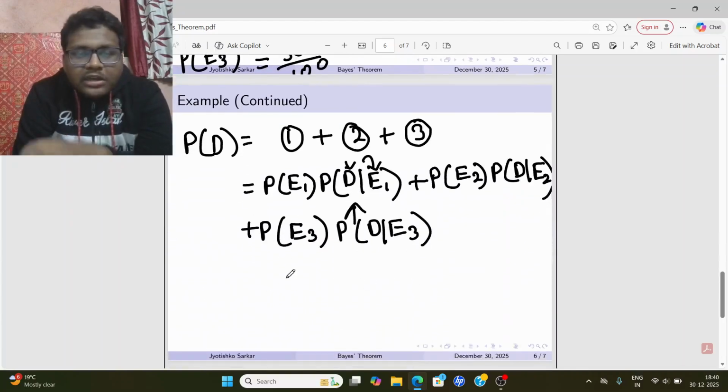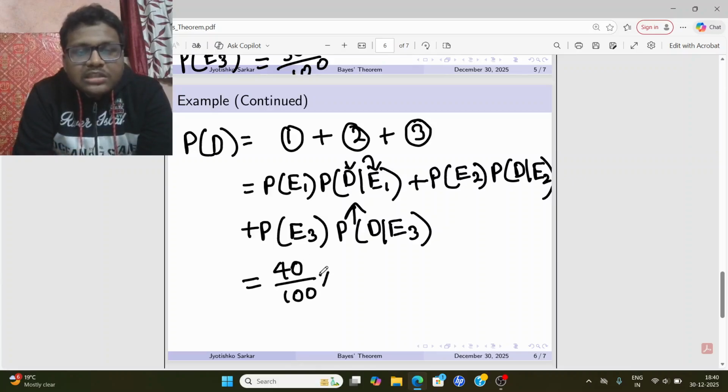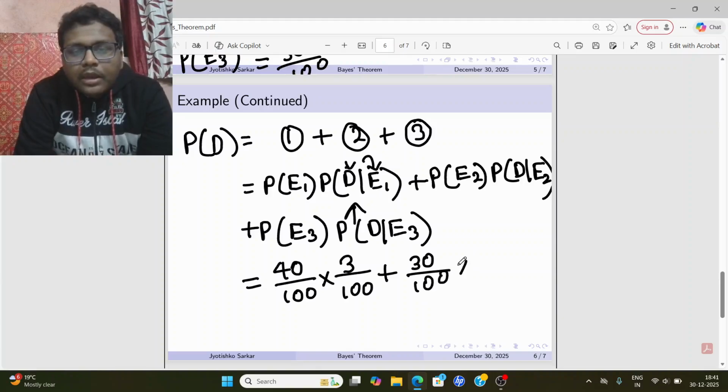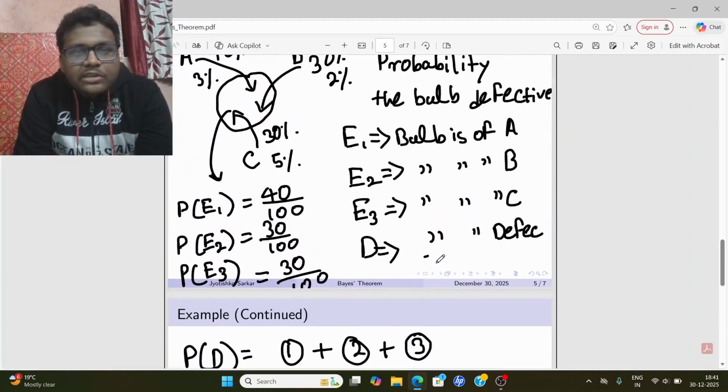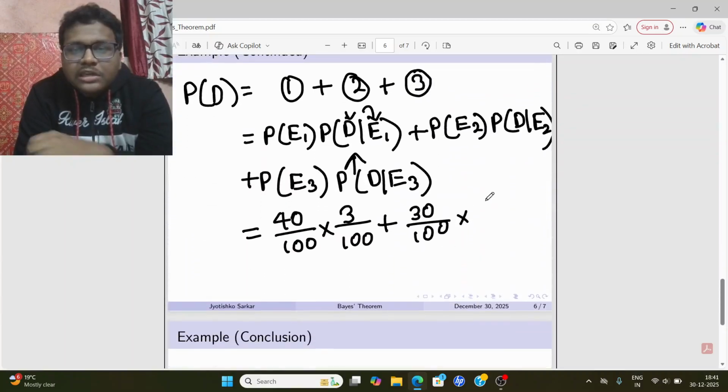the probability of D, first of all, it is 40 by 100 into 3 by 100, plus probability of E2, that is 30 by 100, into the percentage of defective bulbs in factory B, that is 2%, so it means 2 by 100.